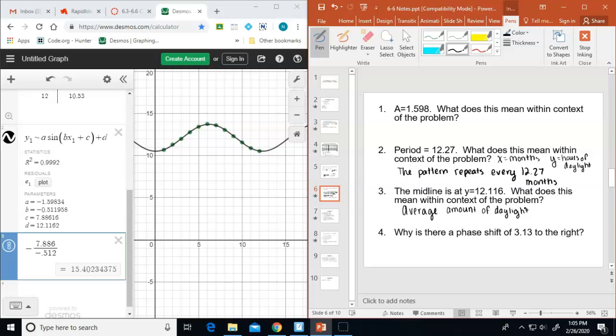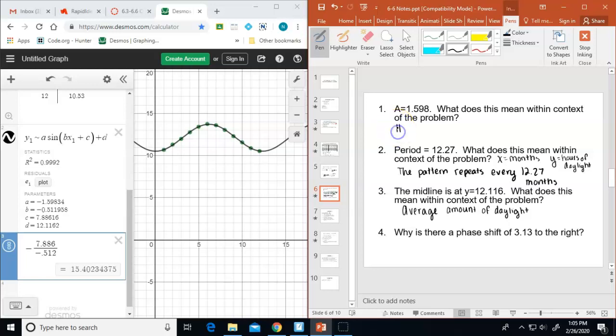All right, so now if we say that's the average amount of daylight, what does the amplitude tell us if we go back to number 1? It doesn't give you the maximum, because the maximum would be 13 and the amplitude is 1.598. Yes.